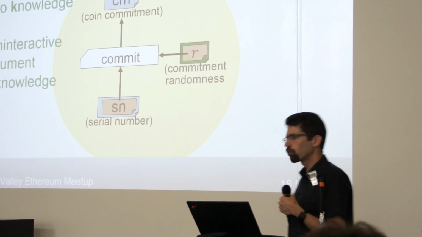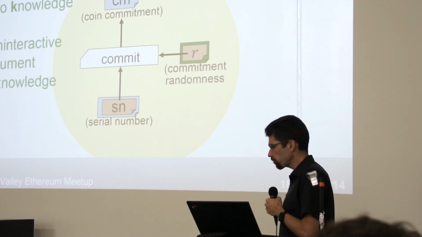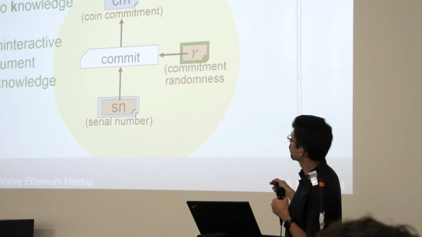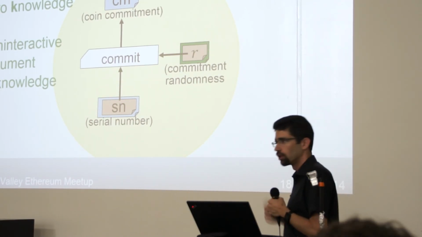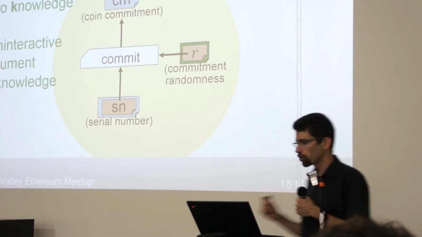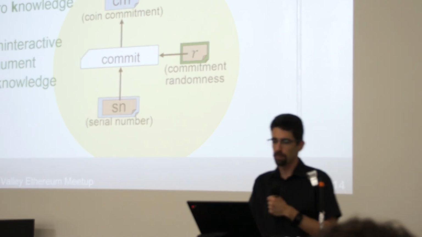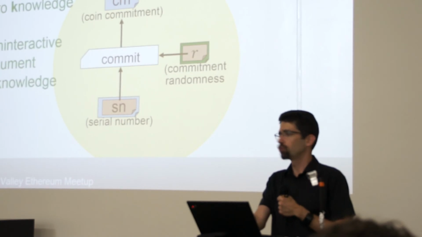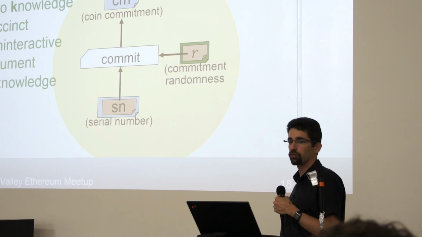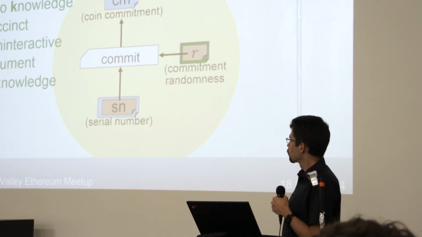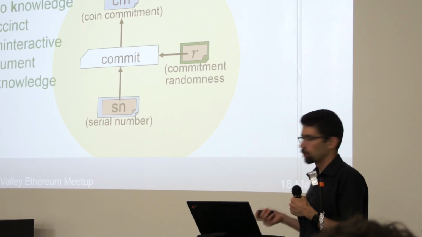We want it to be what's called a proof of knowledge. And that means it's not just that there exists a coin commitment, but I know which one it is. And that's important to make sure that the security really goes through. And lastly, we want efficiency, succinctness. We want the proof to be small, we want it to be efficiently verifiable. So these are the properties that we need.